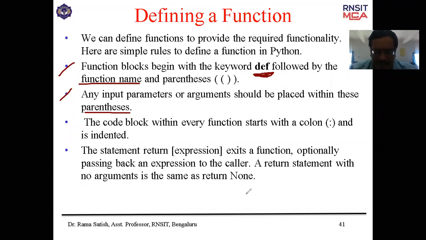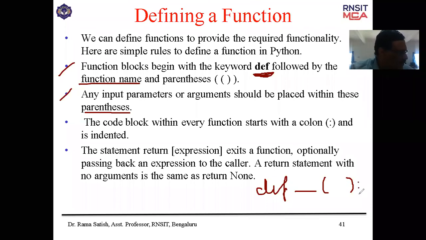So first you write def, then the function name, open bracket, close bracket. If you have any arguments, you can write them. Then you write a colon, and for the body of the function you have to leave indent space, maybe 4 characters.